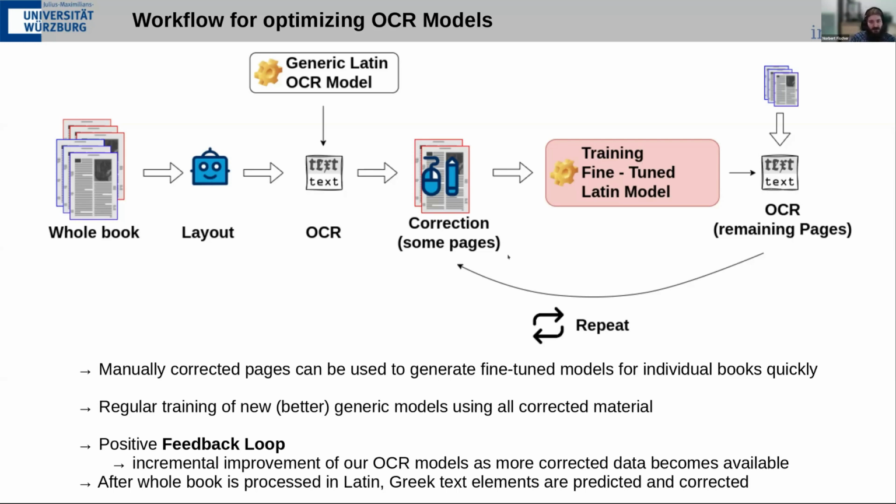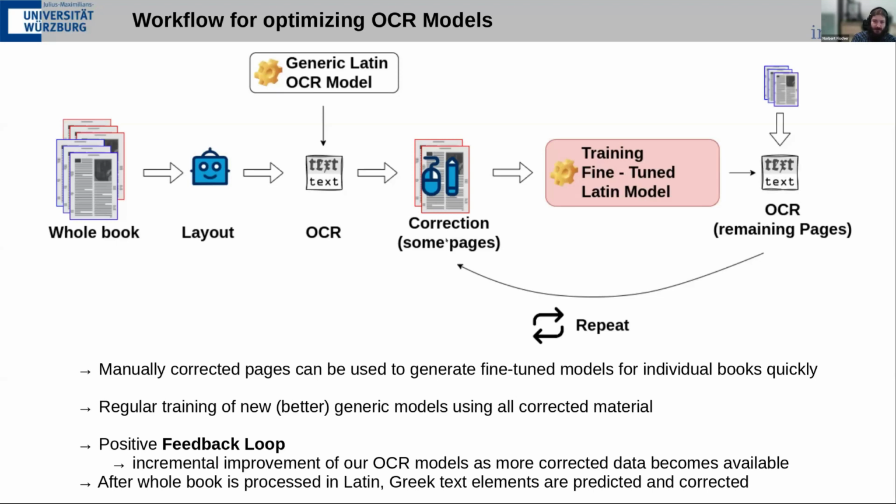We then take these corrected pages and fine-tune our Latin OCR model to be more suitable for this book that we are currently transcribing. This was especially useful in the beginning where we did not have enough training data for certain font styles. So by fine-tuning, we could quickly improve the quality of the OCR. We then use the fine-tuned model to run the OCR again on the remaining pages of the book.